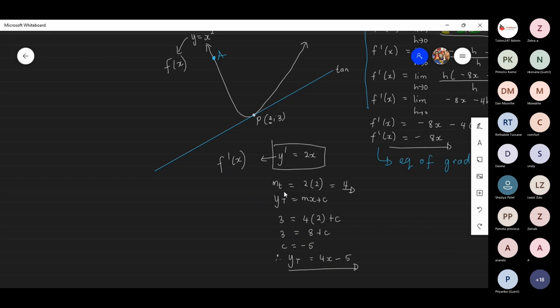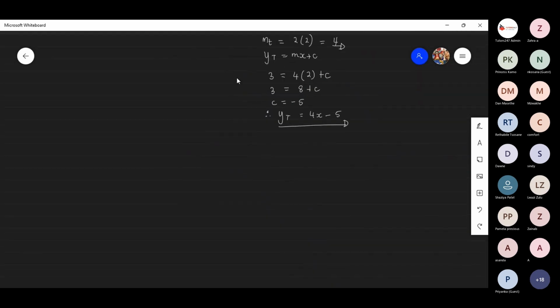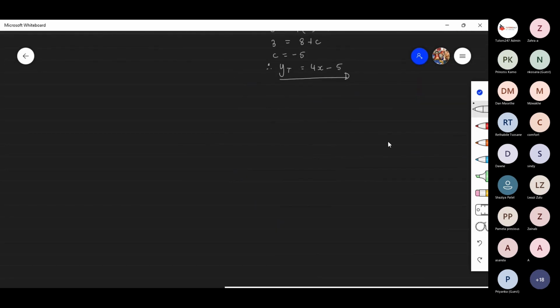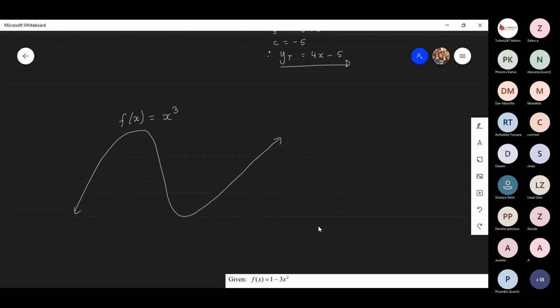For example, let's look at another curve, right? So eventually you're going to come across a cubic function. That's part of calculus. So let's say you have this cubic function, and this cubic function has f of x equals x cubed, for example.